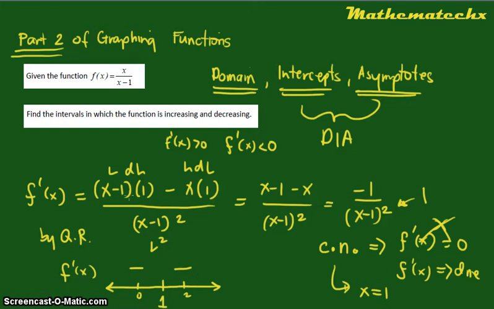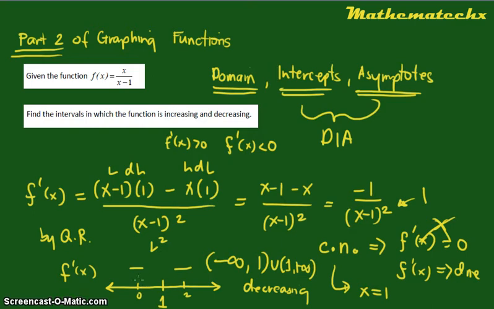So to answer the question of where the function is increasing or decreasing, we could say from negative infinity to 1, I have to cut it at 1 because it's undefined at 1, the graph is decreasing, and it's also decreasing from 1 to positive infinity. What about the intervals in which the function is increasing?